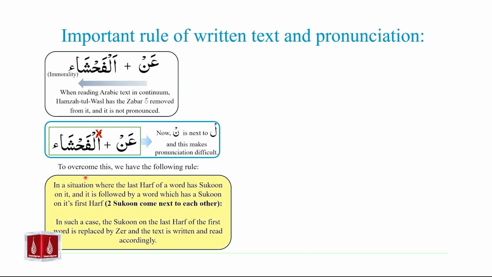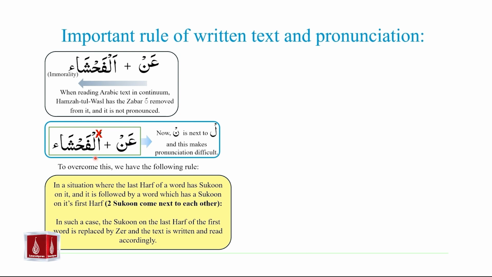In a situation where the last harf of a word has a sukoon on it, for example, in the case of an, the last harf has a sukoon on it, and it is followed by a word which has sukoon on its first harf.